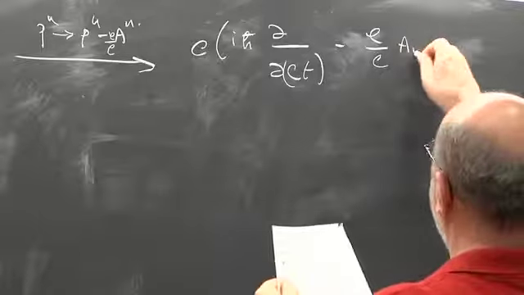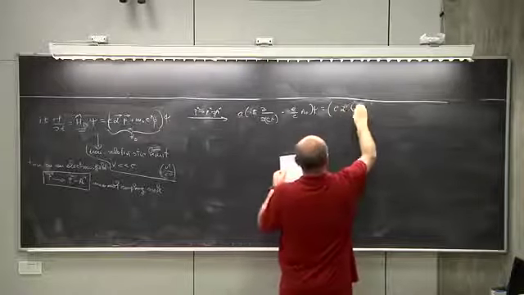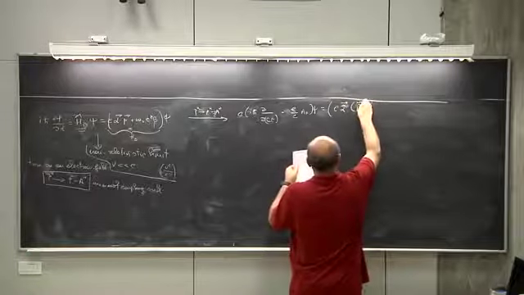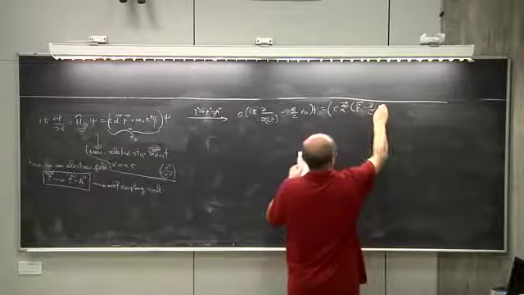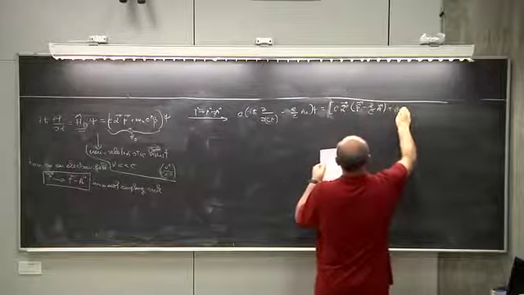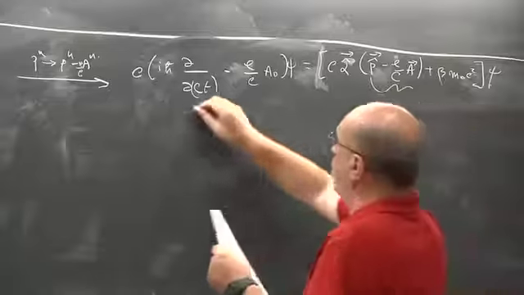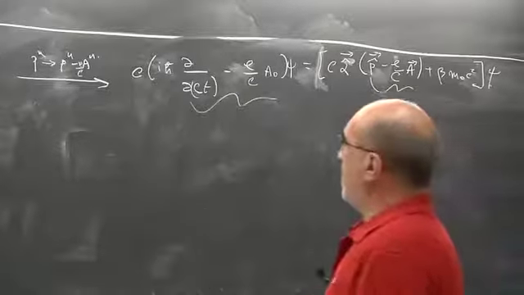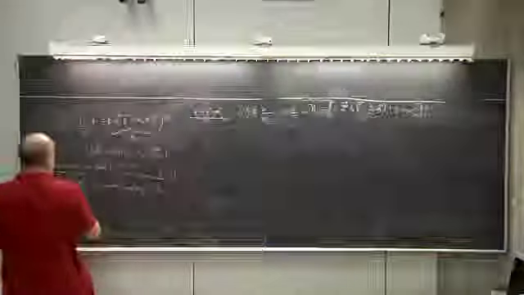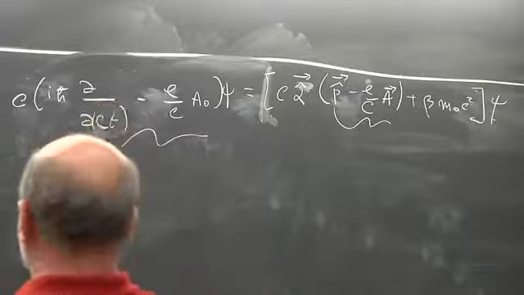So (e/c) A0 ψ equals cα·(p − (e/c)A) plus βm0c²ψ. So I have done the minimal coupling here and here. I have put here a ct because in that manner this is x0, and then with x0, we know that I have to add A0, but then I can cancel the c.